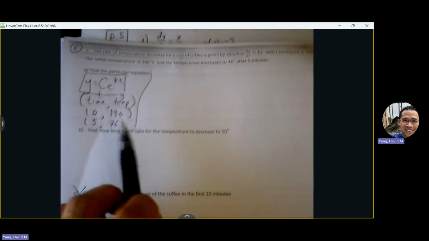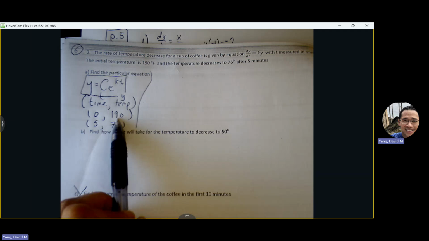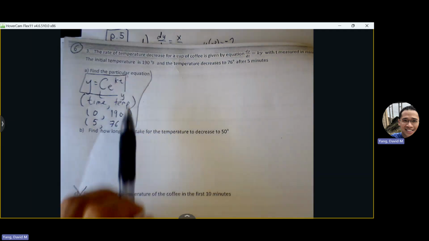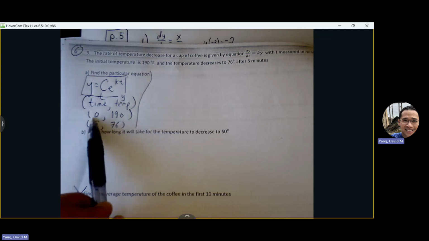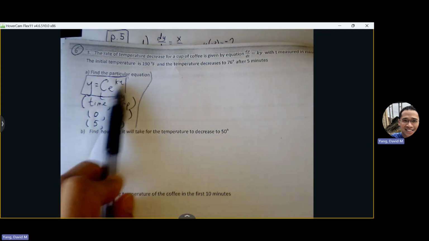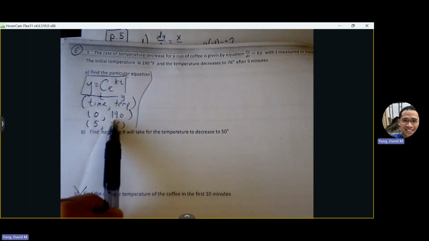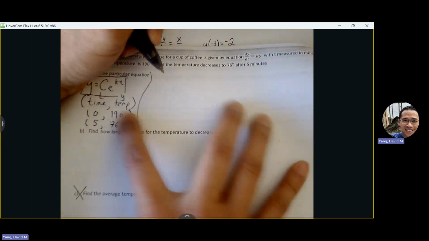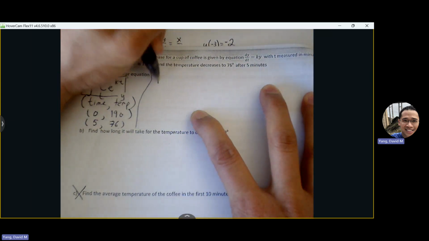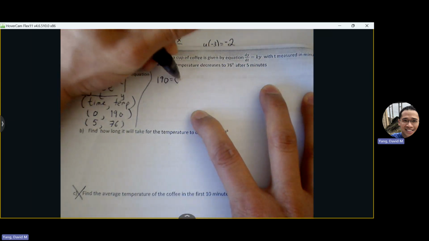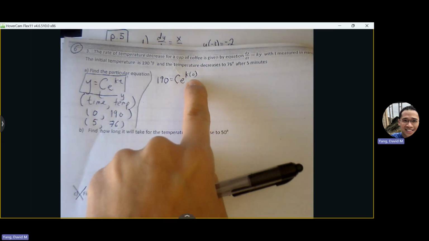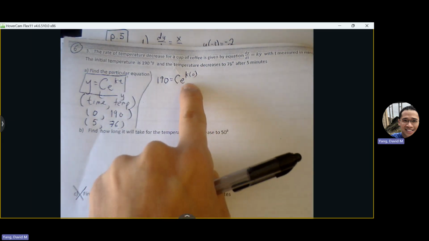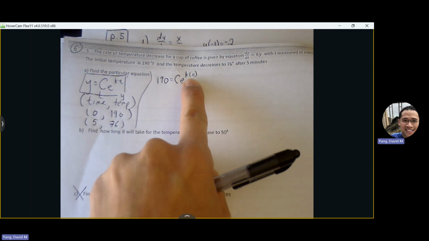Okay, so we'll plug in one at a time. We'd like to involve the 0 ordered pair first because 0 will wipe some things out. Or if you just understand what's going to happen here, this is basically your c value. If I plug 0 in for t, all this will go away. I'm just going to be left with c equals 190. So you can jump into that conclusion or you can go through your steps to convince yourself. k times 0 is 0. e to the 0, anything raised to the 0 power is 1.